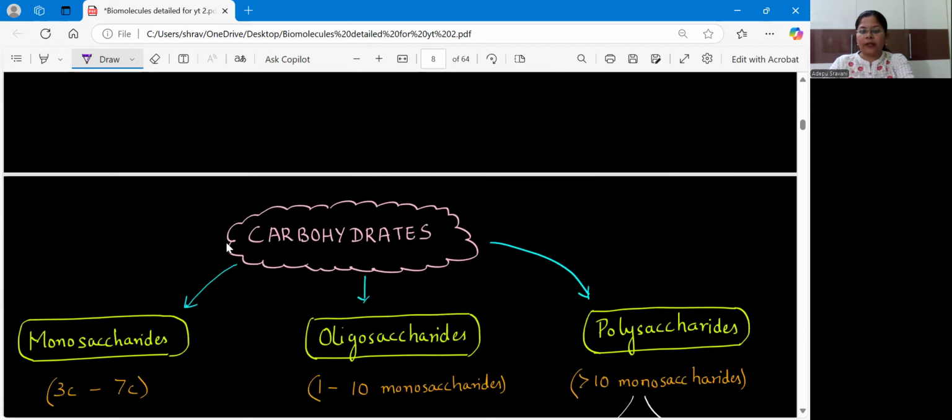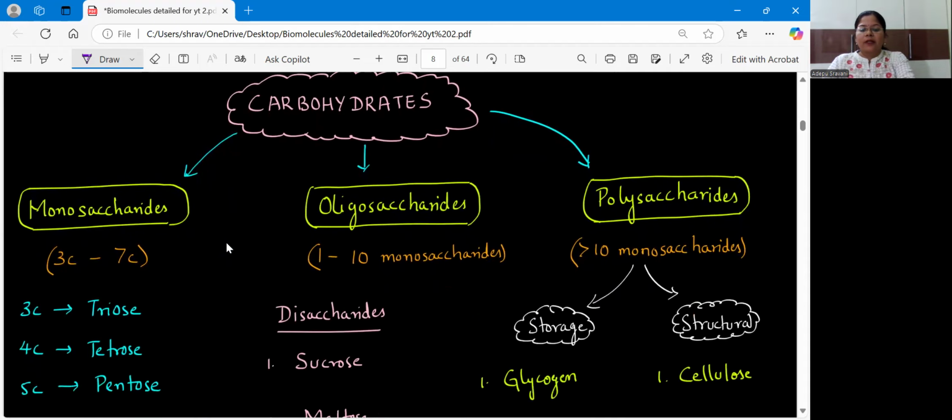Next, we'll talk about the carbohydrates. Here, carbohydrates are made up of carbon, hydrogen, and oxygen. These carbohydrates are divided into three types: monosaccharides, oligosaccharides, and polysaccharides. Carbohydrates are otherwise called saccharides.